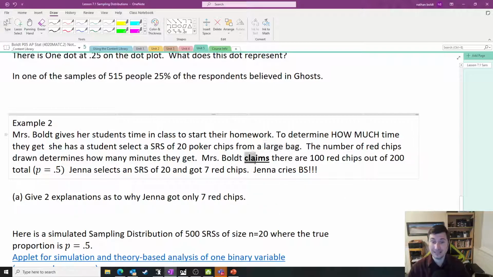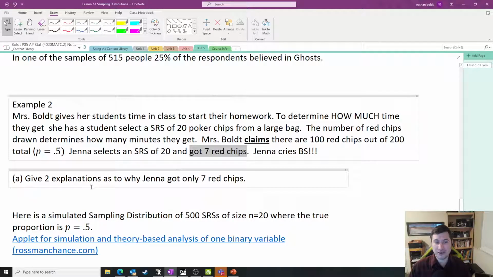Mrs. Bolt claims there are 100 red chips out of 200, which would give us a population proportion of 50%, 0.5. Jenna selects an SRS of 20 and got 7 red chips. What? Jenna cries. That's bad statistics, remember? Bad statistics.